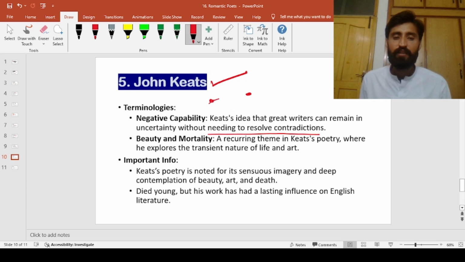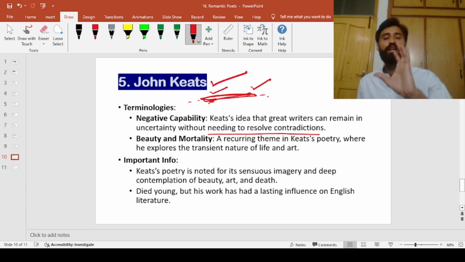It means that if you are uncertain or there are two contradictory ideas, great writers can survive without resolving these contradictions. So it's not about resolving every problem. Rather, you need to know how to survive when there are contradictions, right?